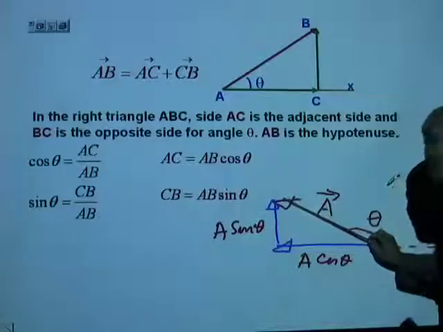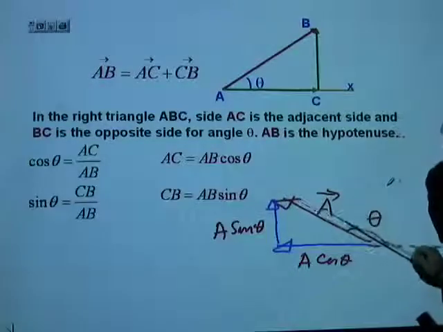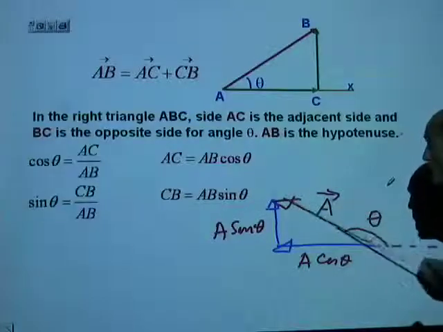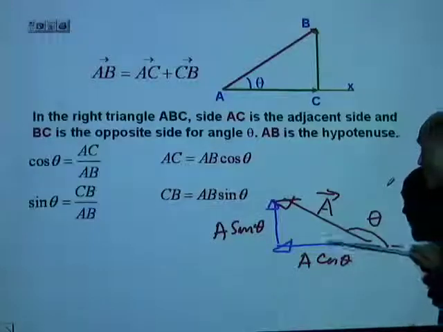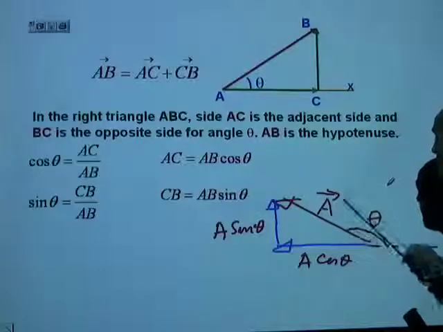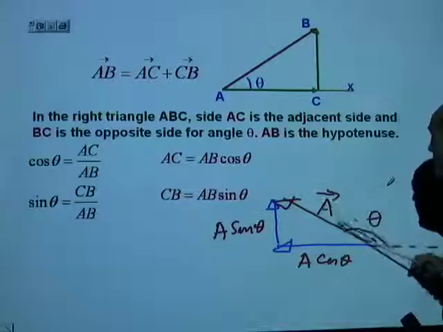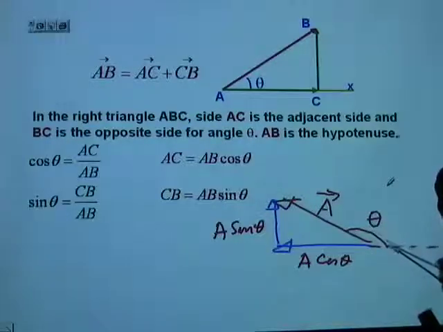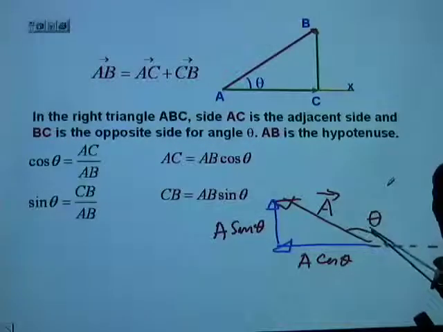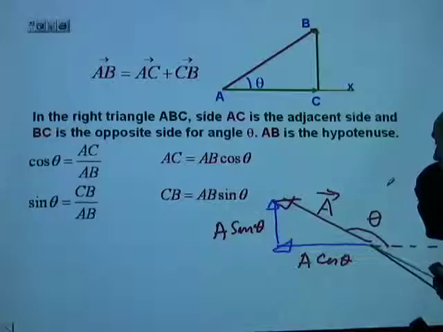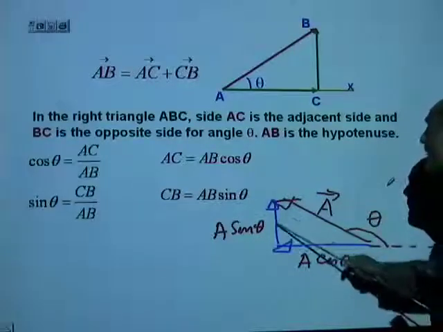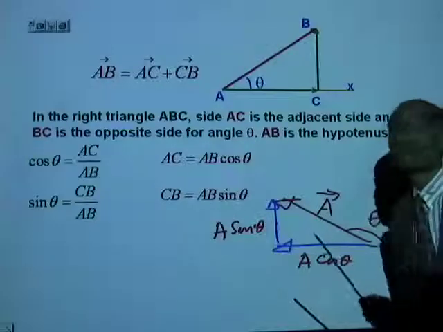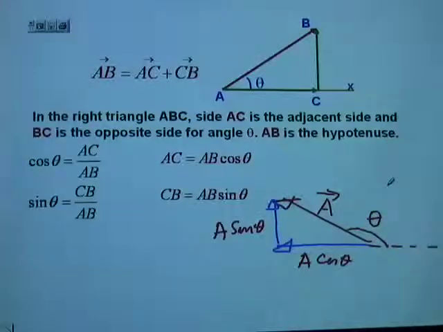Whenever you have a vector whose magnitude we know and the direction we know, we can find the x component of that vector. If A is a vector that makes an angle theta with the positive x-axis, its x component will be A cos theta and its y component will be A sine theta.